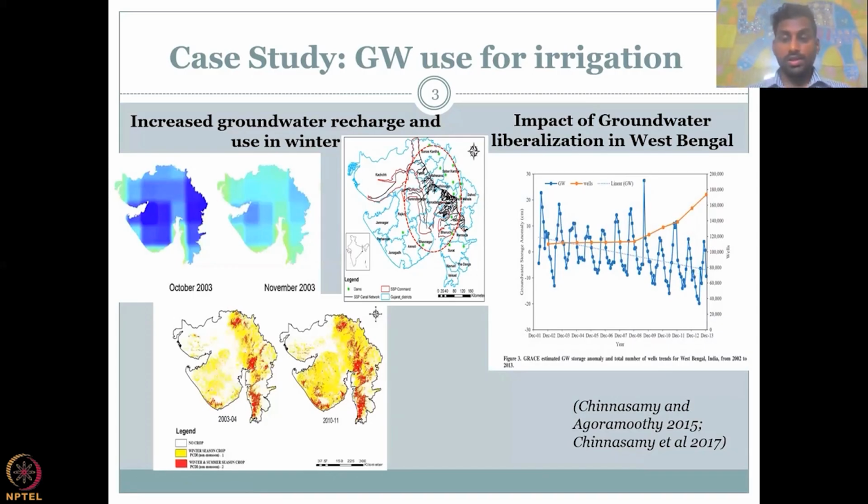Total volume or thickness, however you want to put it. Here it is represented as equivalent thickness of water in centimeters. So the water levels or the storage is declining along the same pace as the wells are increasing. So we already looked at in previous studies that per well it's approximately around 11,000 meter cube per year extraction. And 20 million wells in India.